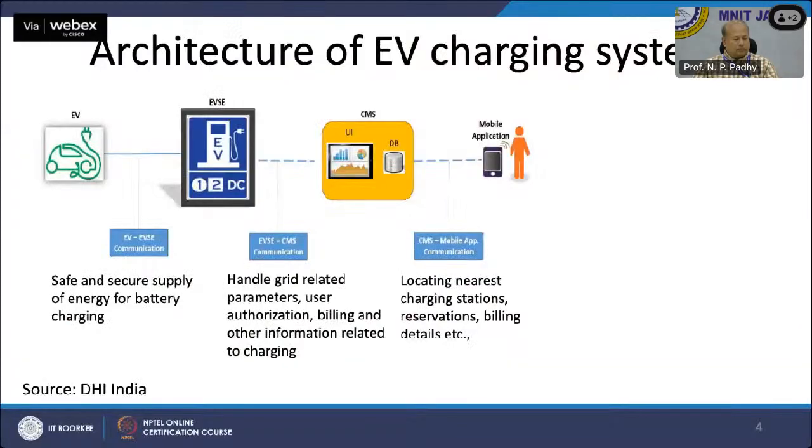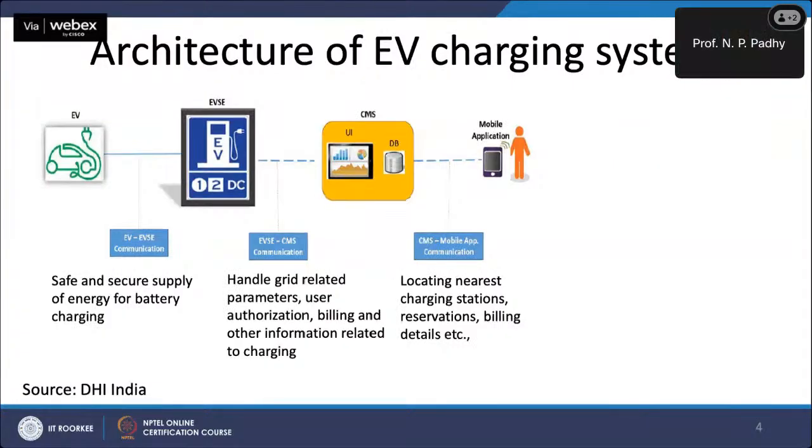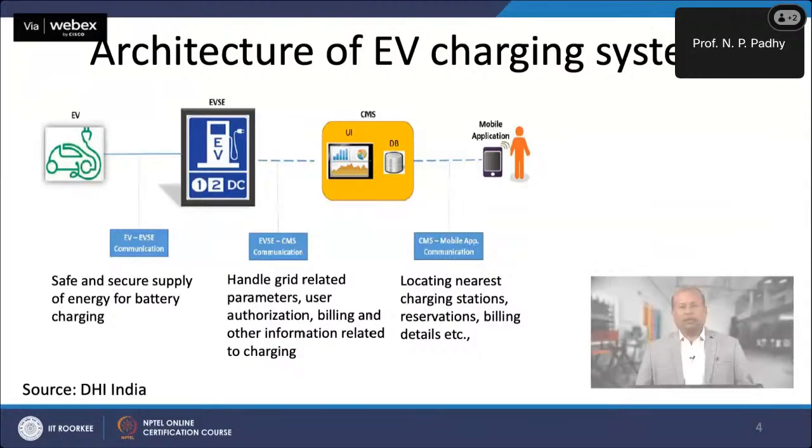Now, the architecture of the EV charging system, where you could see there is a multi-stage charging mechanism for electric vehicles. The architecture followed in India is EV connected to EVSE, which is monitored by CMS through a user application. EVSE, electric vehicle supply equipment, connects the charger to the main electrical supply.